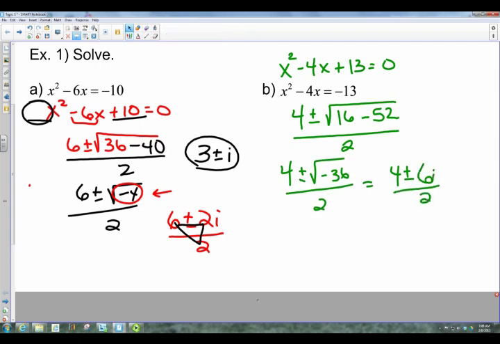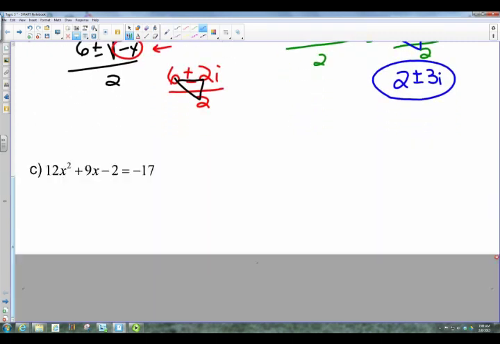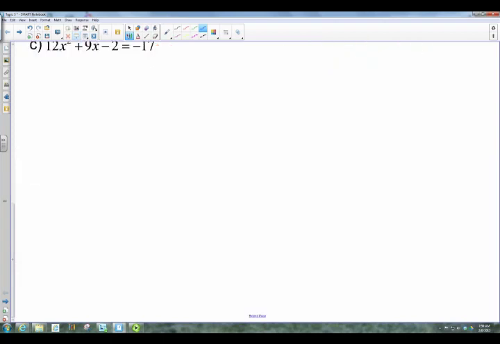And then all three of these have a common factor of 2, and that'll give you 2 plus and minus 3i over 1, and so there's your final answer. So the quadratic formula follows the same form as the other time you saw it. It's just now some of these may be imaginary, so we work through them that way.